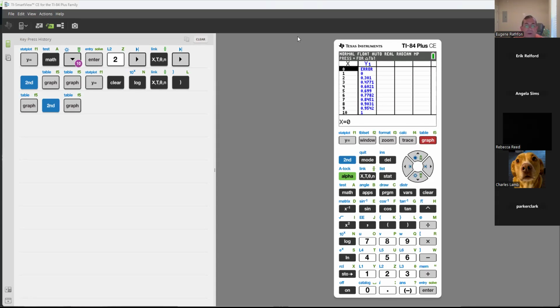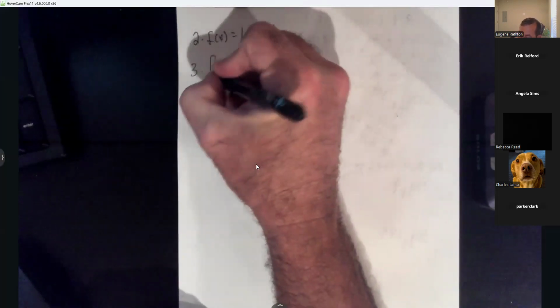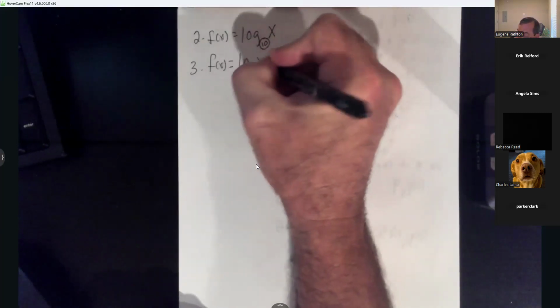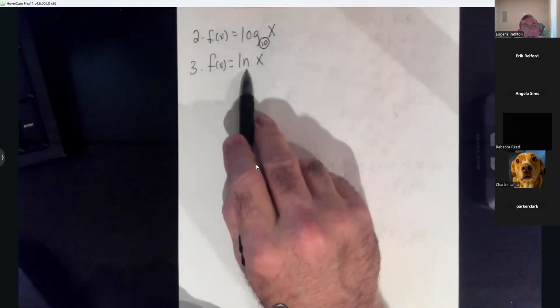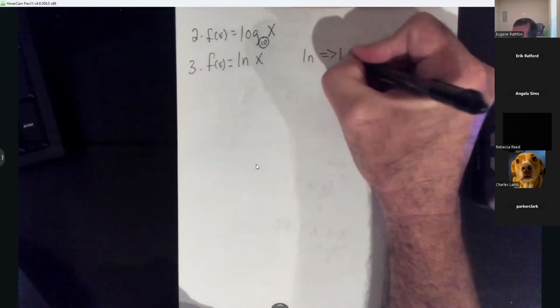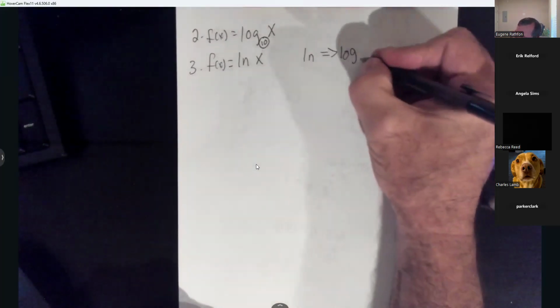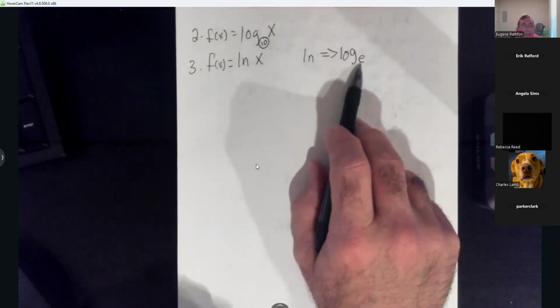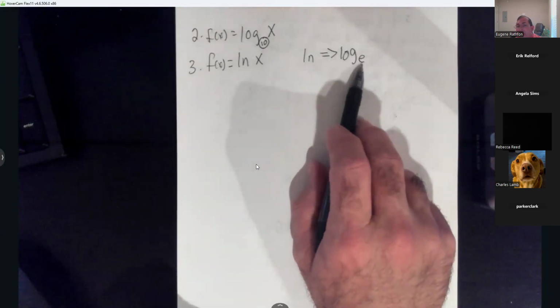All right, another special log on my number 3. They want me to do f of x equals the ln of x. This ln here is a special logarithm. It's a logarithm base e. Y'all remember the little e we did on Tuesday night?